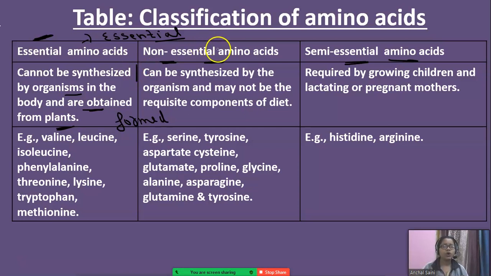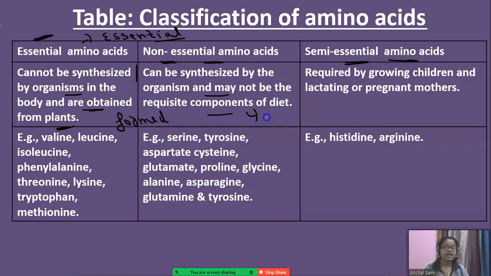Now moving to the non-essential amino acids. They can be synthesized by the organism and may not be the requisite components of the diet. As the name suggests, they are non-essential. If they are non-essential, that means they are not required in our diet. They are not the main components of our diet.